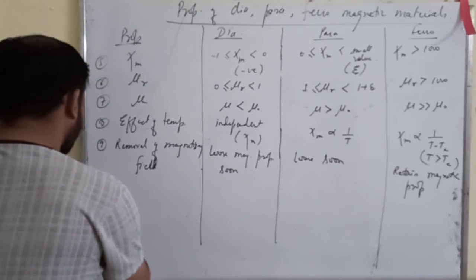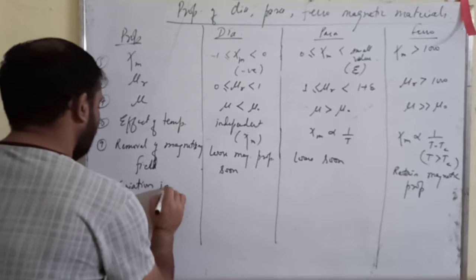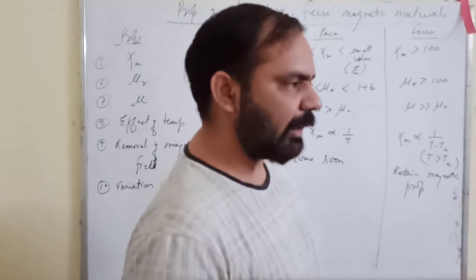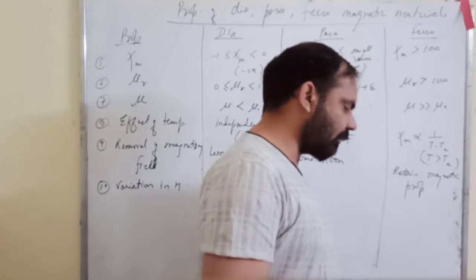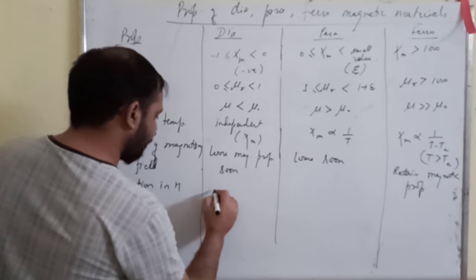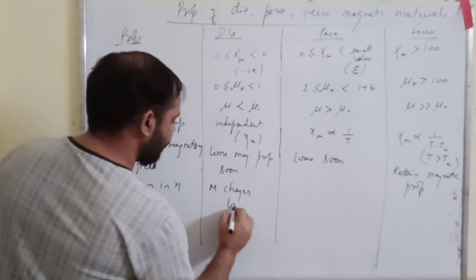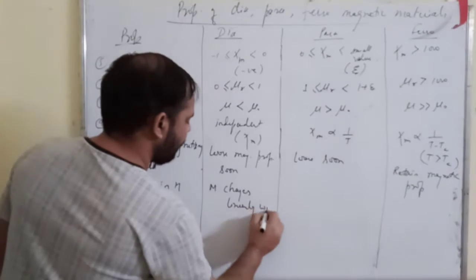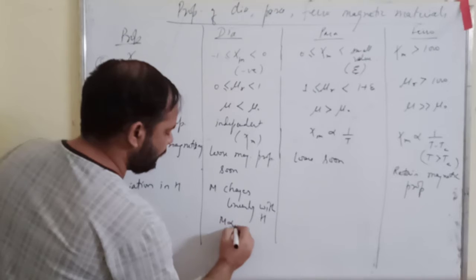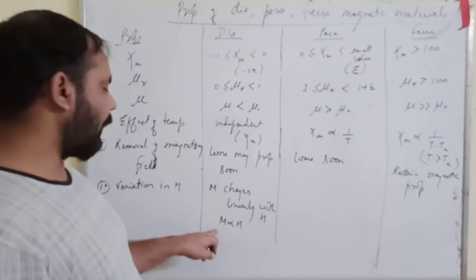Then number 10, variation in H. Suppose we change the intensity of the magnetizing field. Then for diamagnetic and paramagnetic materials, M changes linearly with H. Your M is dependent on H. If you change H, your M will also change.